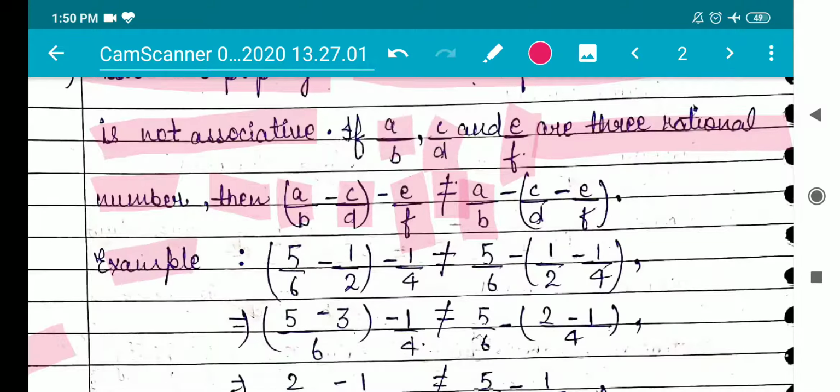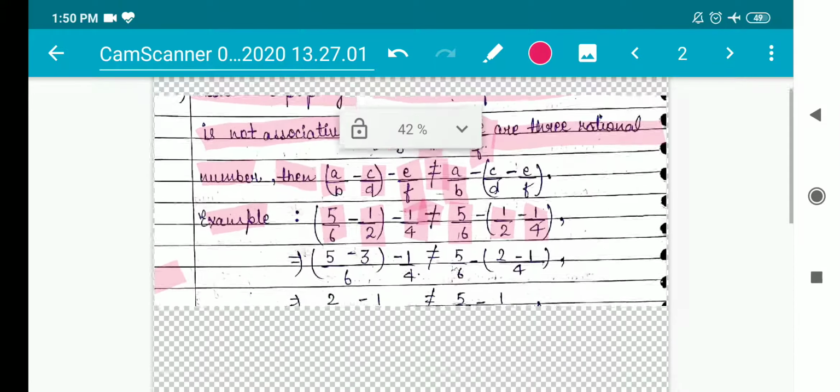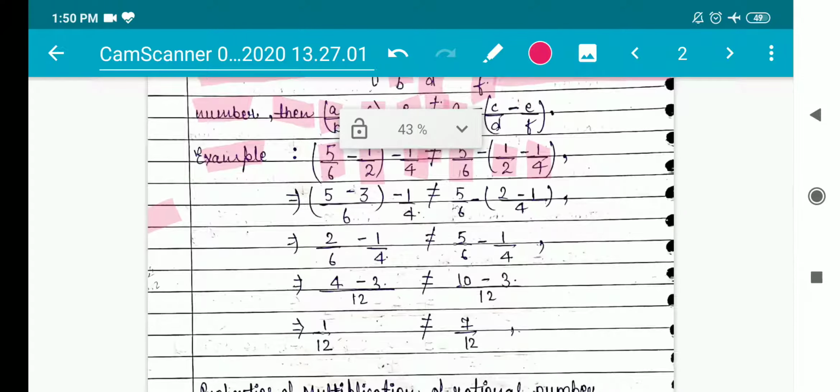Example: (5/6 minus 1/2) minus 1/4 is not equal to 5/6 minus (1/2 minus 1/4). We first calculate the left hand side.